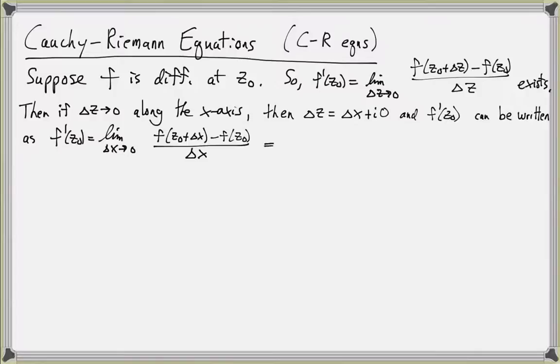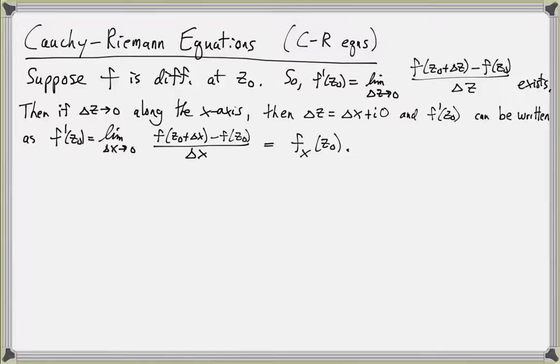And this is, by definition, the derivative of f with respect to x at z0. So the first partial derivative of f with respect to x.